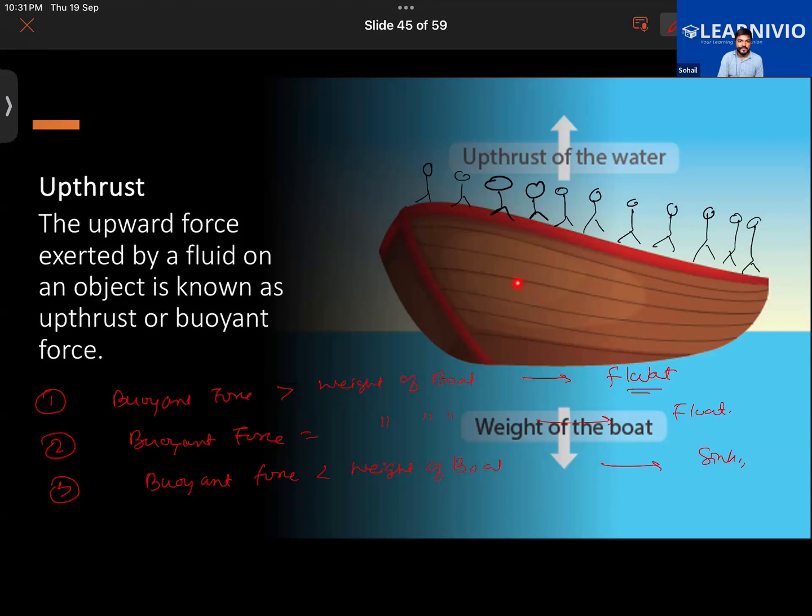The needle sinks because it has a higher density than water. The boat does not sink because it has less density. It is designed to be hollow, and it displaces less water. That's why it does not sink.